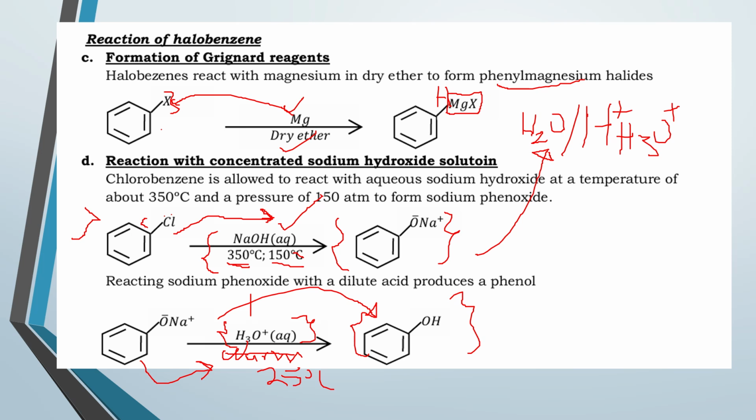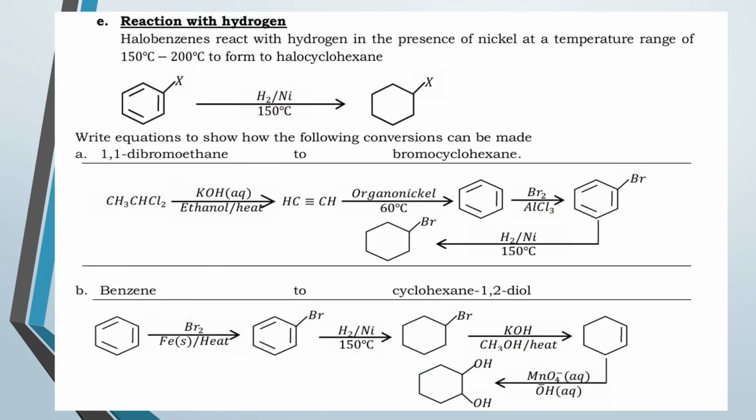So to convert this phenol into a benzene ring, we simply heat it with zinc dust. And then we get our benzene. The other reaction is going to be the hydrogenation reaction. Remember, we said in the previous video that whenever you hydrogenate benzene, we are not going to use 150 degrees Celsius, but rather 200 degrees Celsius, simply because there are multiple pi bonds.